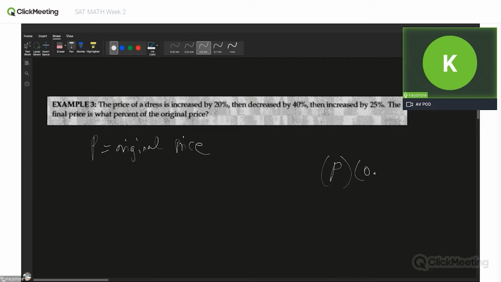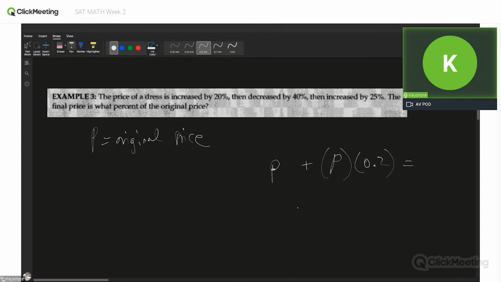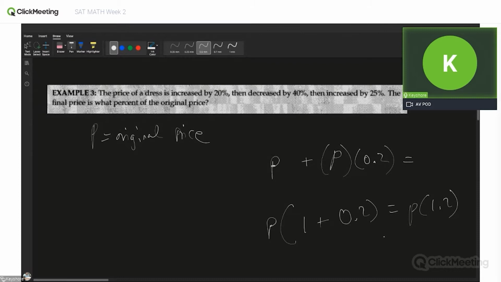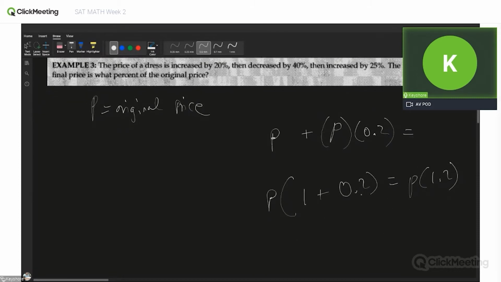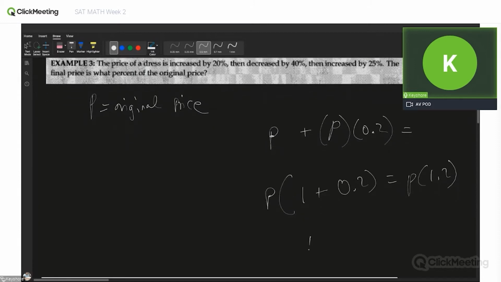That gives me the 20% of the amount that I'm adding on to the original amount, which is P. This is the total final amount that I have. Now, in math, there's something called the distributive property. So I can take out these P's and say this is P times 1 plus 0.2, or P times 1.2. And that's where they're getting 1 plus 0.2. So when I increase something by 20%, I'm just taking P times 1.2.